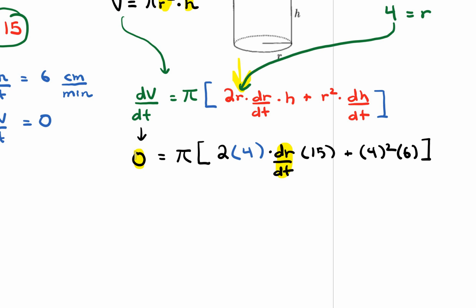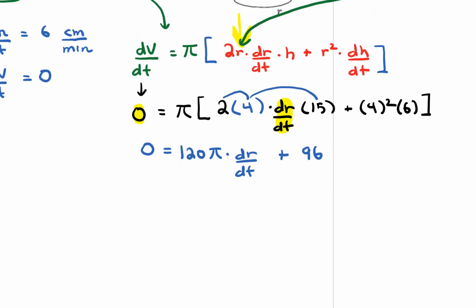So let's go ahead and figure out the numbers here. I guess you can multiply all this out here. So if I take 2 times 4 times 15, if you look at your calculator there, that's going to be 120. So this should be 120 pi times dr over dt. That equals 0. And then I have the plus. Then we have the 4 squared times 6 there, and that's going to be plus 96 there.